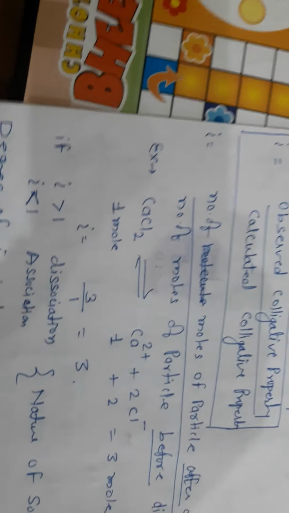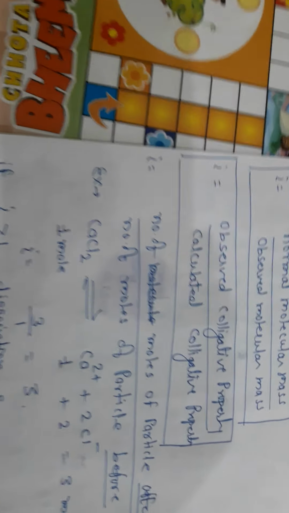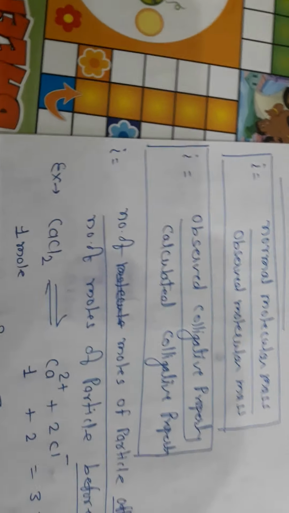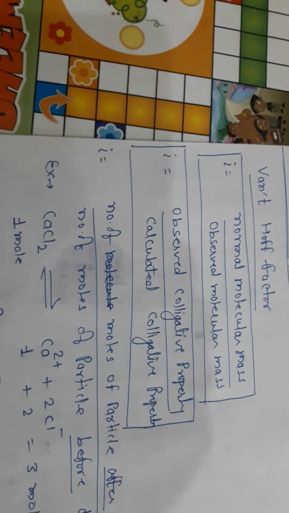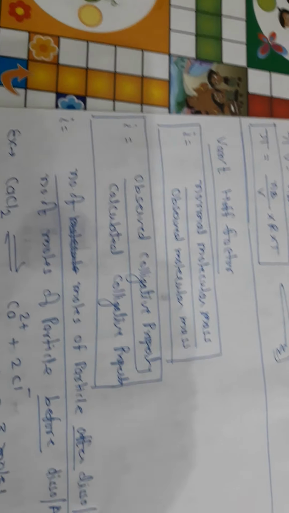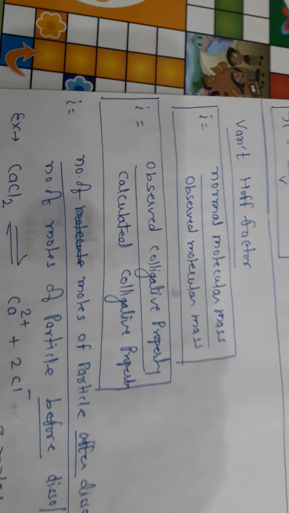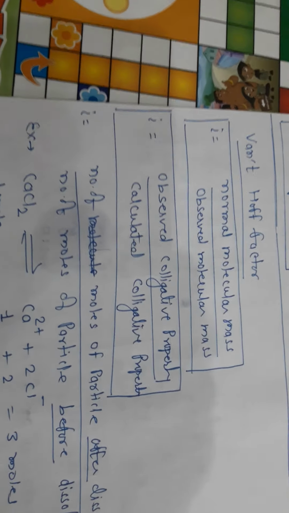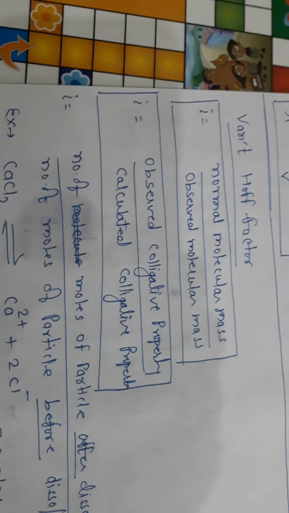Since colligative property is just the reciprocal of the molecular mass, the value of i can also be calculated using the colligative property, which is observed colligative property upon calculated colligative property. Depending on what kind of values are supplied in a question, we will use the appropriate formula for calculating i.